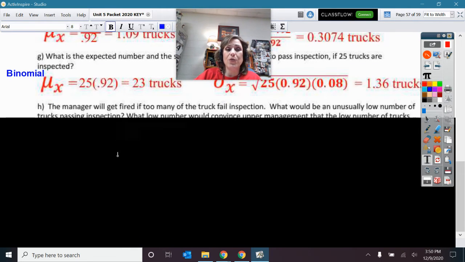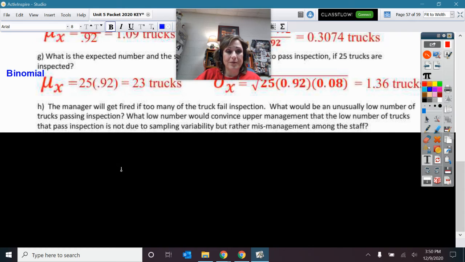All right, so then this is interesting. If the manager will get fired if too many trucks fail inspection, what would be an unusually low number of trucks to pass inspection? So what low number would convince the corporate headquarters or the upper management that the low number of trucks that pass inspection is not just sampling variability?